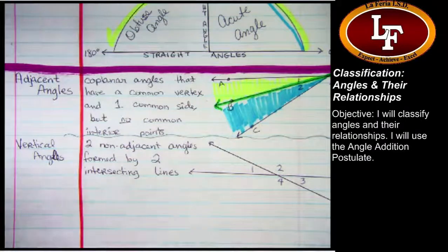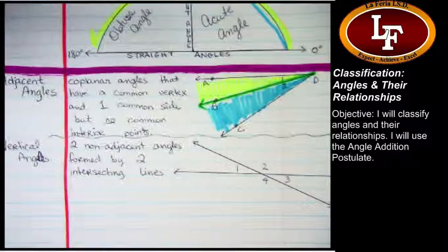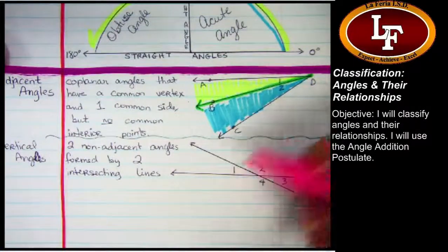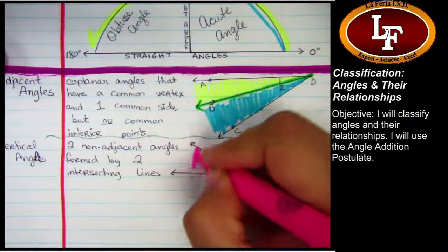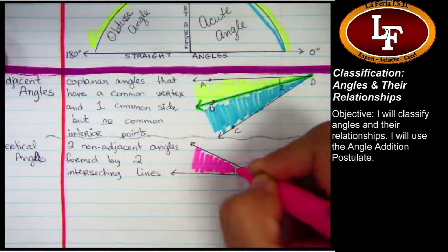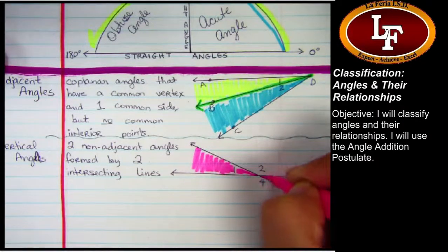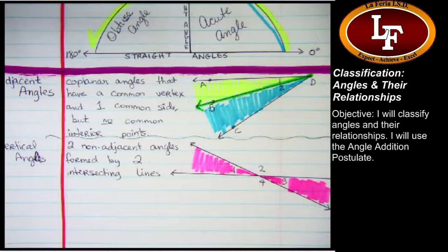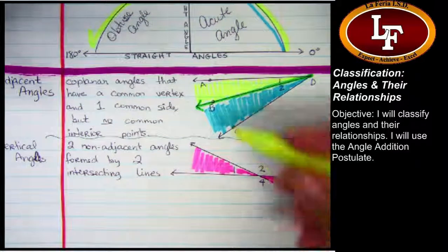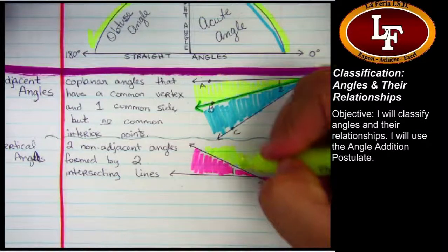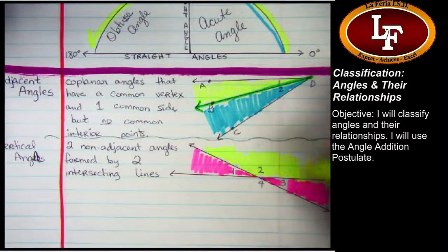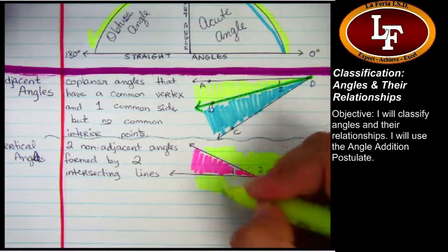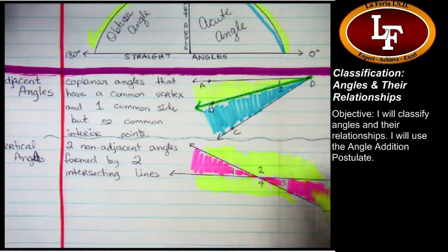So the vertical ones are the ones that aren't adjacent in this picture, the ones that don't share a common side. So this angle and this angle would be vertical, and this angle and this angle would be vertical.